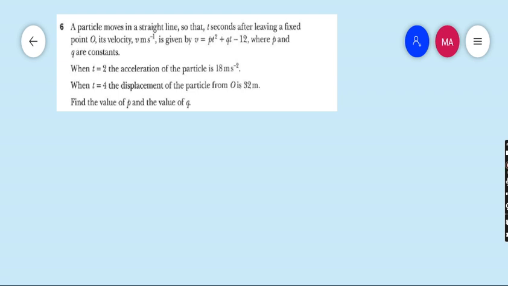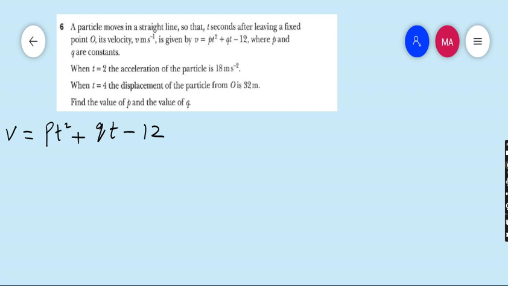Question number 6: a particle moves in a straight line so that t seconds after leaving a fixed point O. Students, keep in mind, fixed point means the time is 0. Its velocity v meters per second is given by v equals pt squared plus qt minus 12, where p and q are constants.